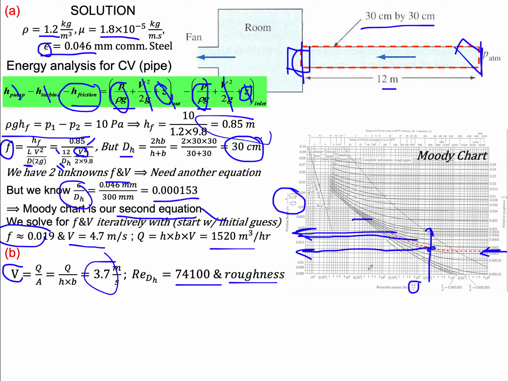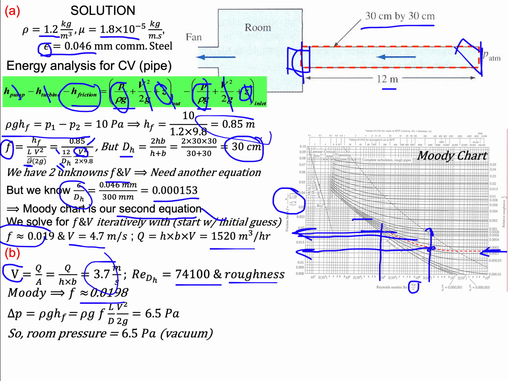So I have a Reynolds number and epsilon over D. 74,000 is somewhere here, that's 100,000, 80,000, that's 75,000 somewhere here. So here's my 75,000, and I go somewhere here, and I will get a friction factor of almost 0.02.